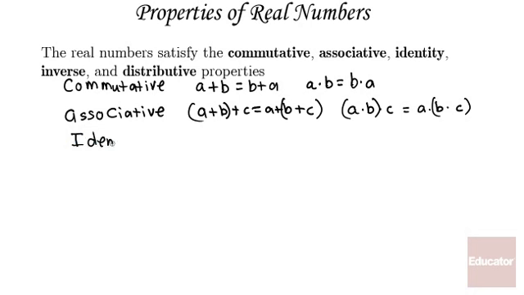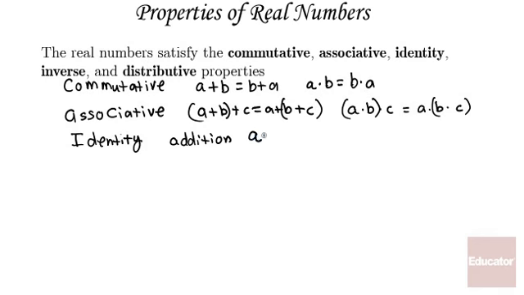The identity property, when I think of this, I just remember that the identity property tells me that the number maintains its identity. It doesn't change. So for addition, what this says is that the sum of any number and 0 is the original number.